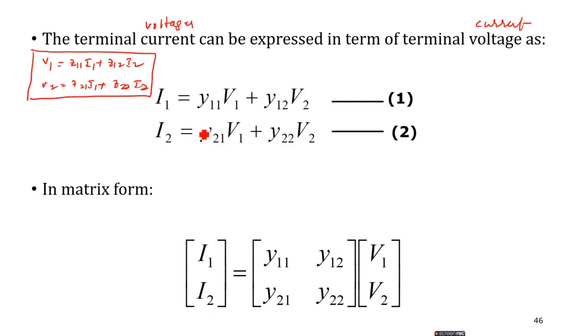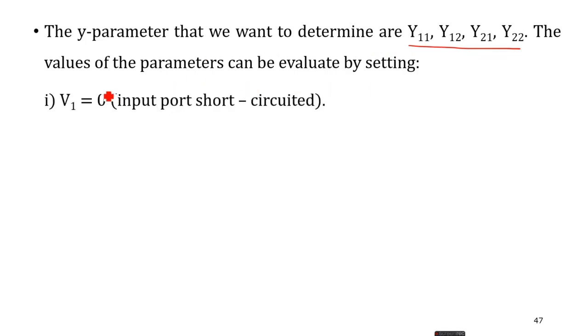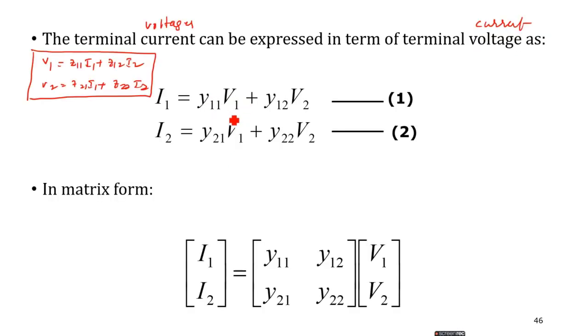Let us define Y11, Y12, Y21 and Y22. The Y parameters that we want to determine are these four. The values of the parameters can be evaluated by setting V1 equals to 0 here. You can see the equations.